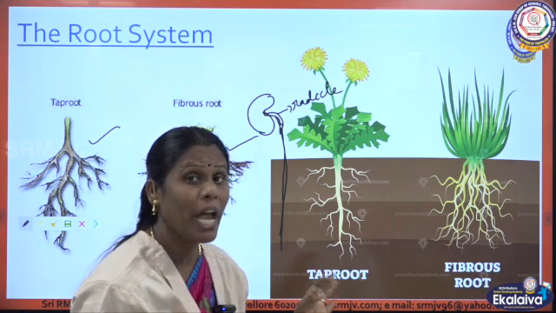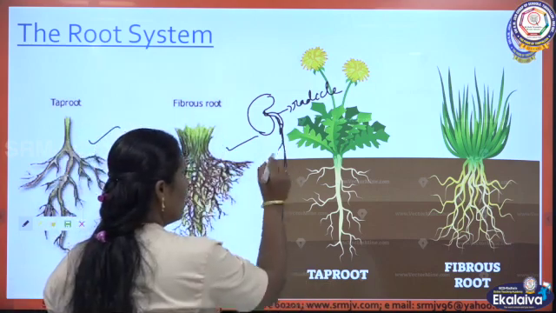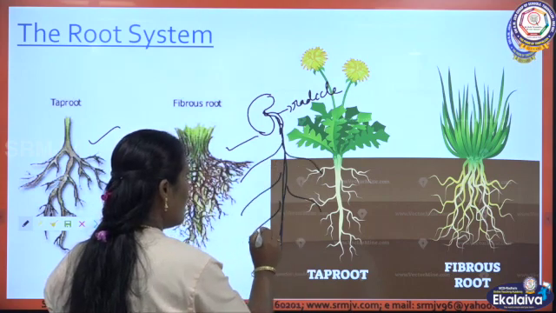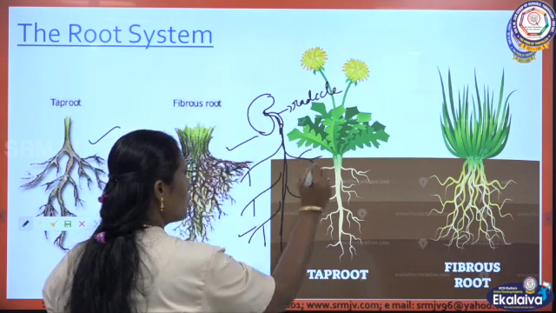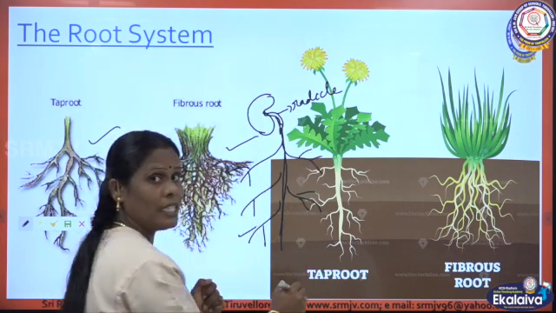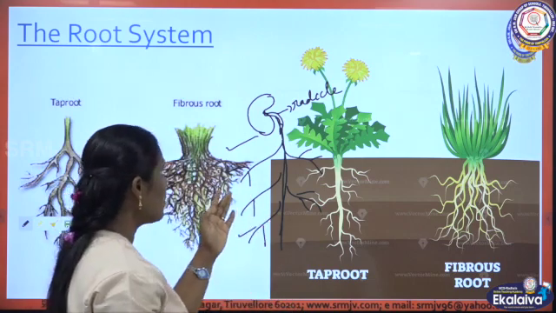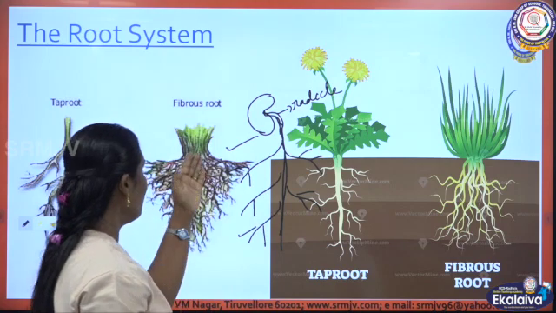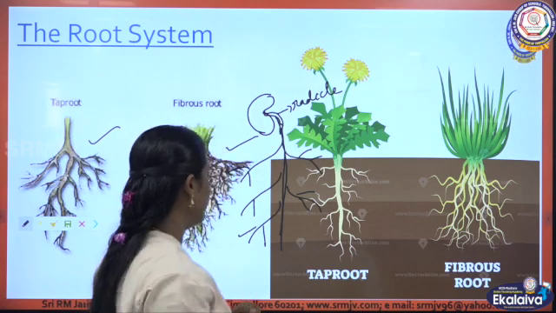This is the primary root. After that it forms the secondary roots or lateral roots. So, this is a taproot.